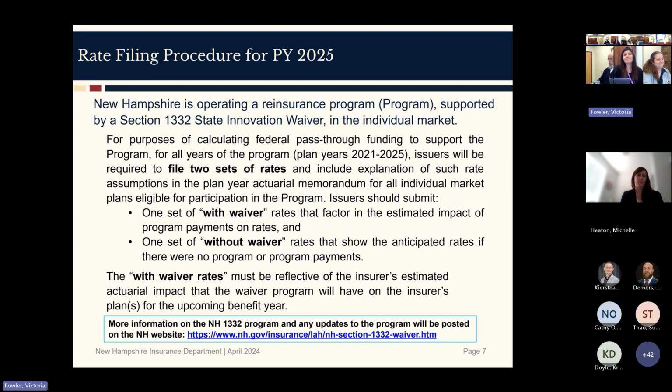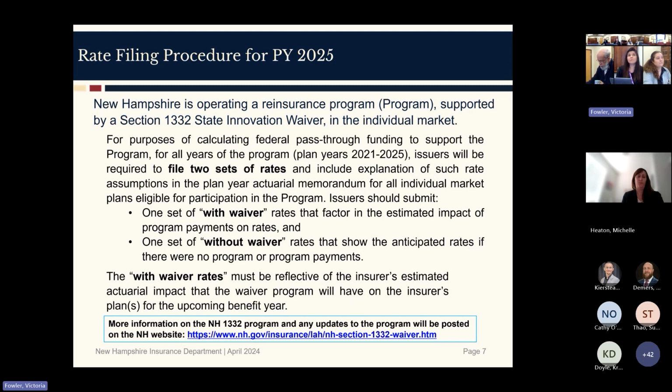The first slide I'm going to discuss is in regards to rate filings. As New Hampshire operates a reinsurance program through Section 1332, carriers participating in the individual major medical market will need to file 2 sets of rates and include an explanation of such rate assumptions in the plan year actuarial memorandums.